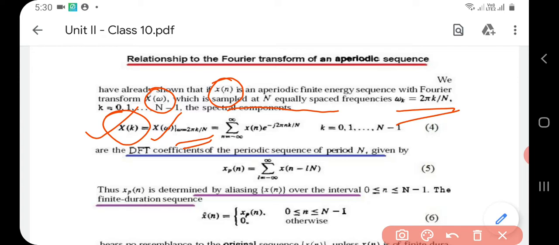Then this will be given by summation over n equal to minus infinity to plus infinity of x(n), which is an aperiodic finite energy sequence, times e raised to minus j 2 pi nk by N, where k ranges from 0 to N minus 1.